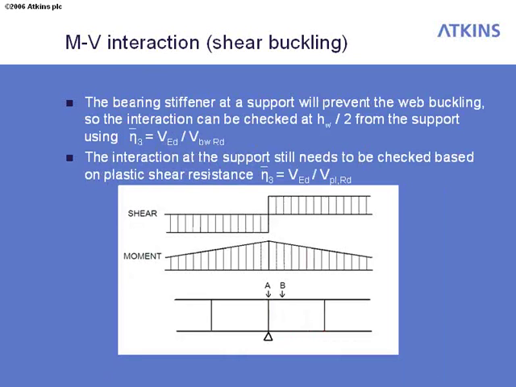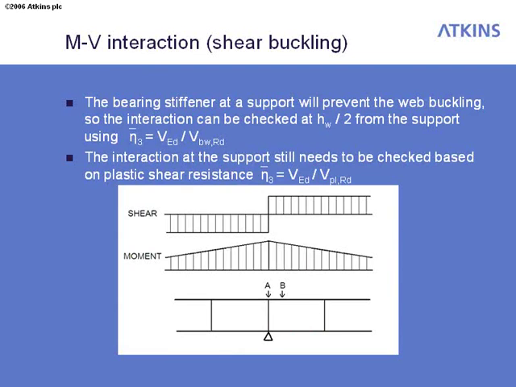The Eurocode does not require the interaction between bending and shear buckling to be verified at sections nearer than the height of the web divided by 2 to a support if you've got a bearing stiffener. Basically the reason for that is that the chance of buckling very close to a stiffener is very, very low. Generally speaking, a steel plate will not buckle immediately adjacent to a stiffener.